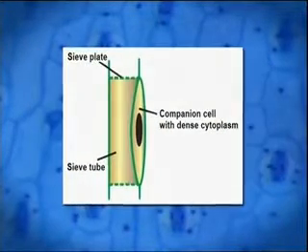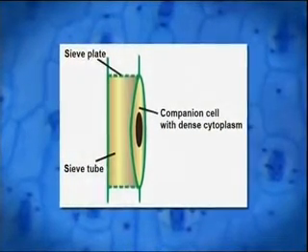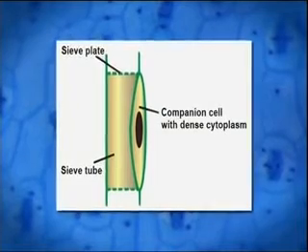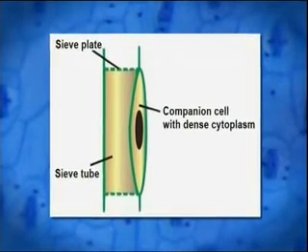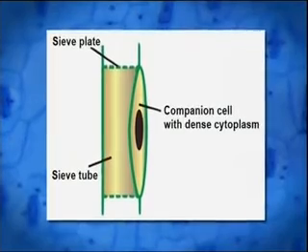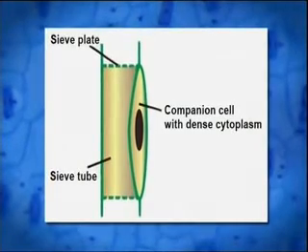Companion cells and sieve elements together constitute a functional unit in food conductance. They possess specific intercellular communication in their common walls, in which several plasmodesmata on the companion cell side merge at the site of the middle lamella into the sieve pore on the sieve tube side.